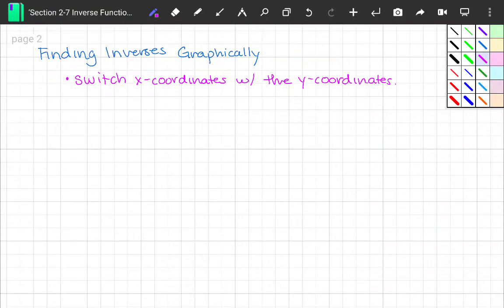Now let's take a look at what happens here. So I'm going to go ahead, let's try to draw this neater. I'm just going to set up some axes.